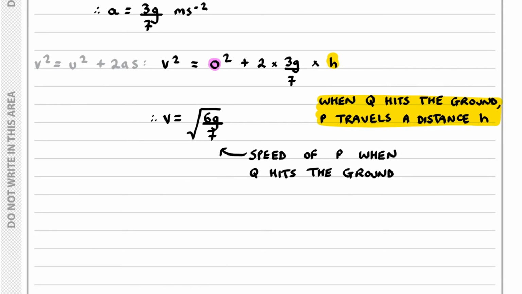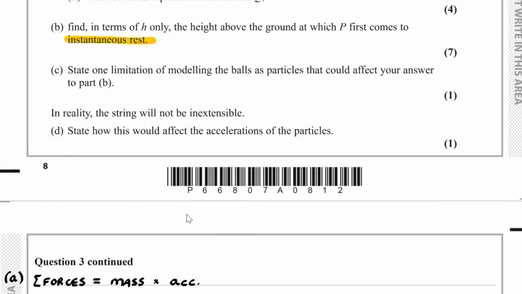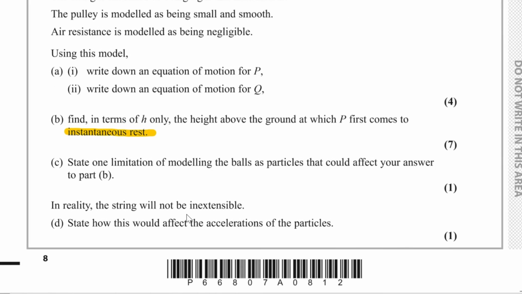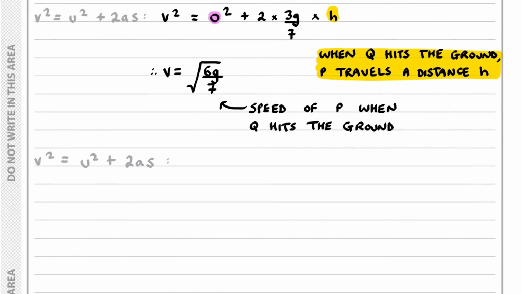So again, if we use v squared equals u squared plus 2as, it comes to instantaneous rest when the final velocity is 0.